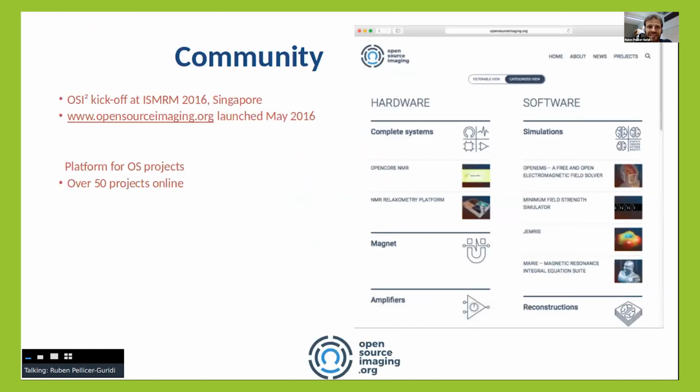And the community started in 2016 at a conference, probably the biggest conference in our modality. And then we started offering a platform for visualizing different works, called opensourceimaging.org. And you have here a screenshot of the different works made open source.